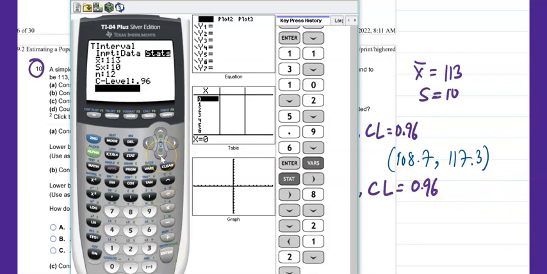Then you calculate, and you get the interval 106.28 and 119.72. If you round it to one decimal place, that gives you 106.3 and 119.7.